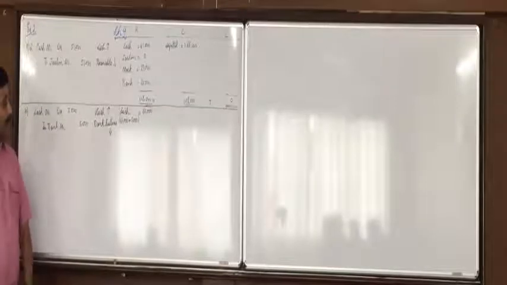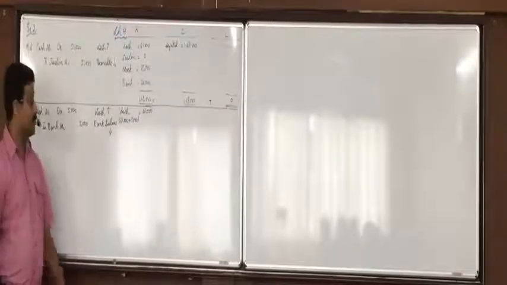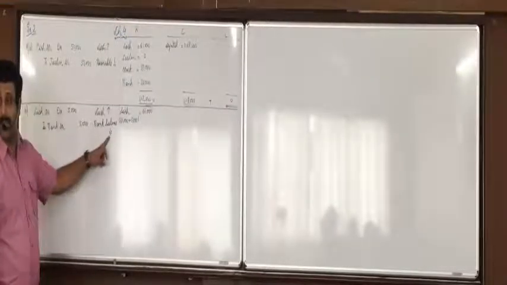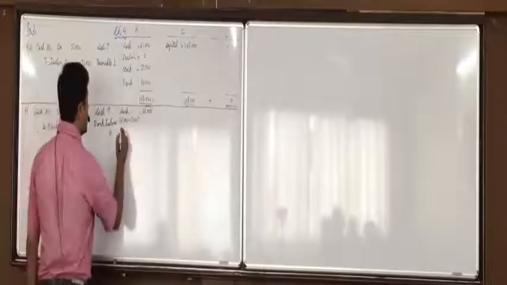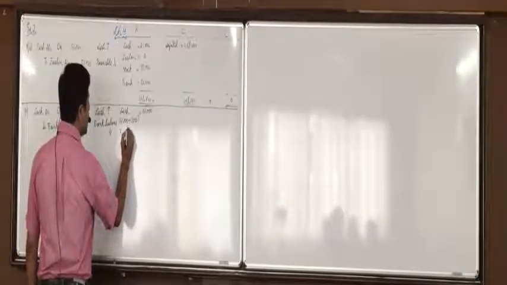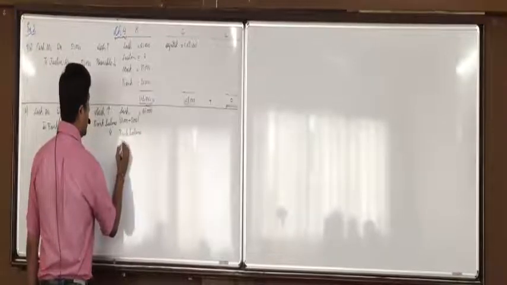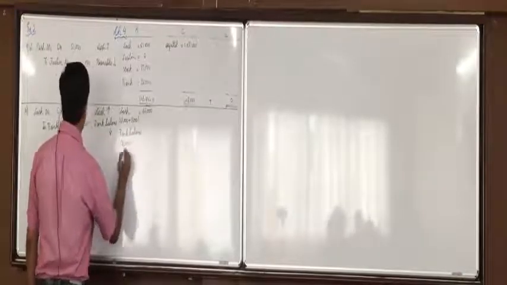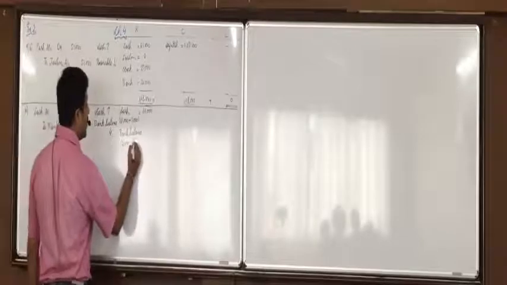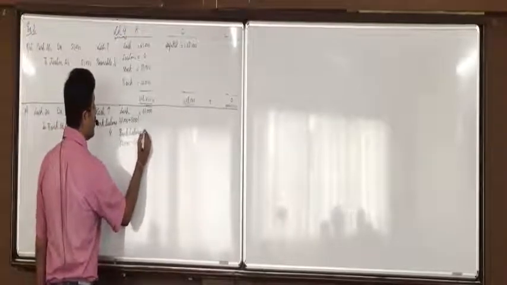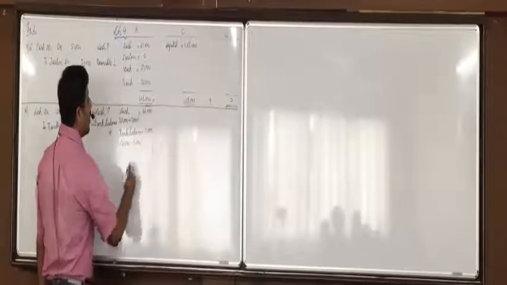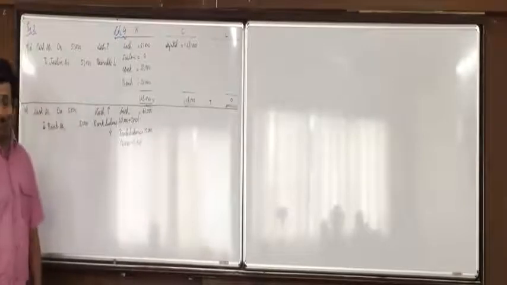And Bhavya, what will be the bank balance? 20,000, decreases or increases? Decreases, we will minus, so bank balance will become 20,000 minus 5,000, that is 15,000, and other things will remain same.